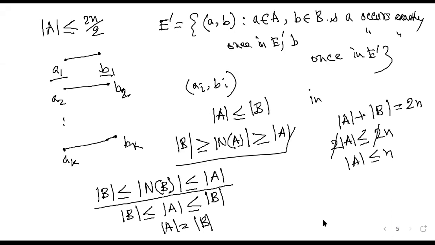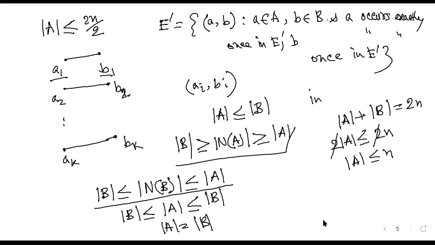If we do it from the perspective of A, then it will be 10K total number of edges in G. If we take the perspective of B, it will be 10 into 2n minus K. So these both are equal because the number of edges will be the same, right?